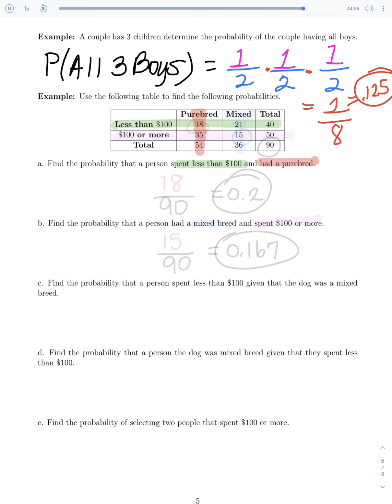Well, there's only a small group of people that fit that category. There is 18 people who spent less than $100 and had a purebred. There's 18 out of our total, which has not changed, is still at the bottom right-hand corner, out of our total, which is 90. So we've got 18 out of 90, which is 0.2, or 20%.